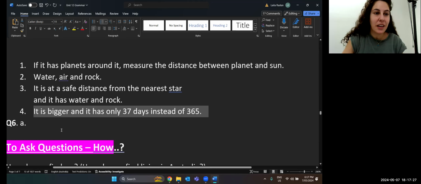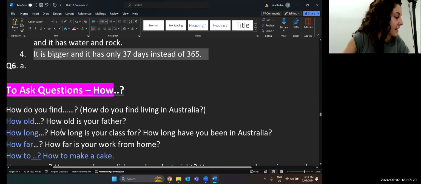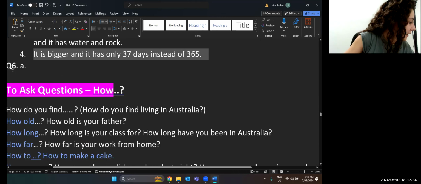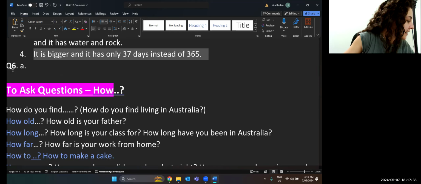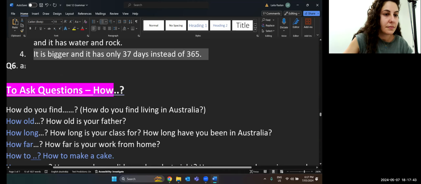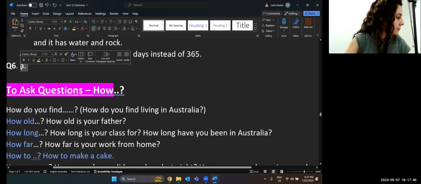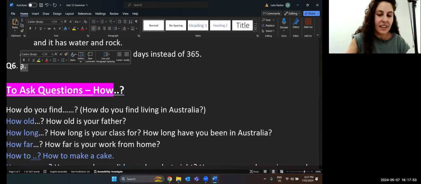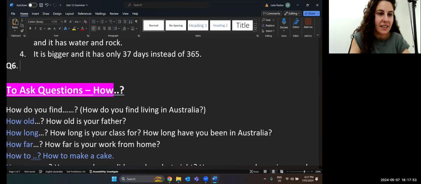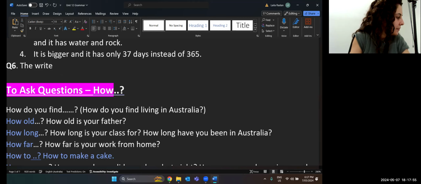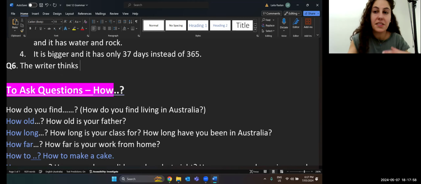Okay, so we want to talk about just number 6. The answer is A. The writer thinks we will find similar planets in the future. But we definitely won't live there. I think that's what the writer's showing us. So the writer thinks, because remember, thinks means what's your opinion? What do you believe?